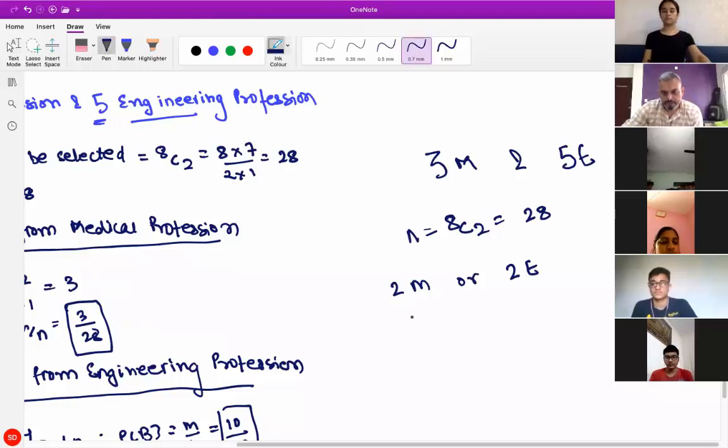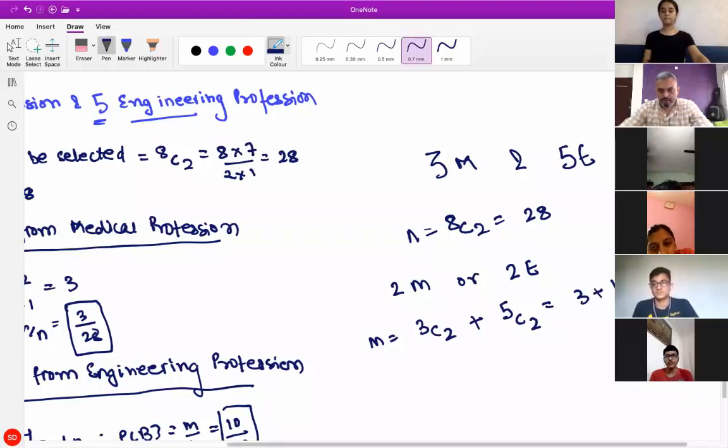So what will be m? 2 from medical, that is 3C2, plus engineering 5C2, which is equal to 3 plus 10, which is equal to 13. So directly you can do, therefore probability is equal to 13 by 52.